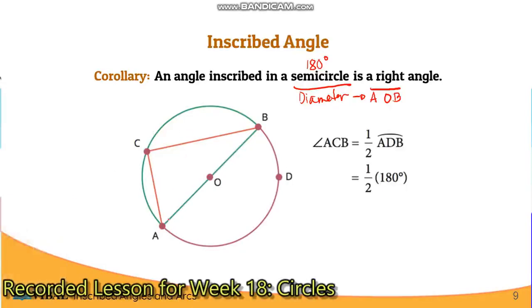Okay, so our angle ACB here is equivalent to half of the intercepted arc. Our intercepted arc here is arc ADB. That's according to the theorem. Now, ADB is a semicircle.